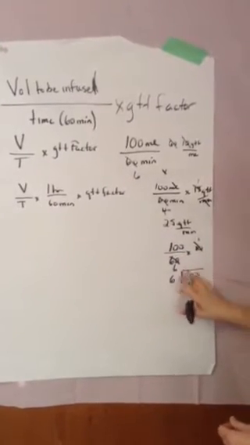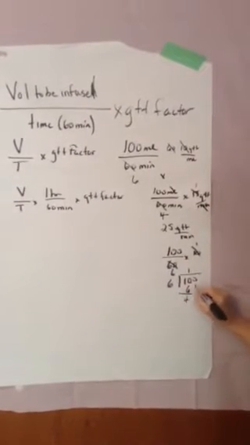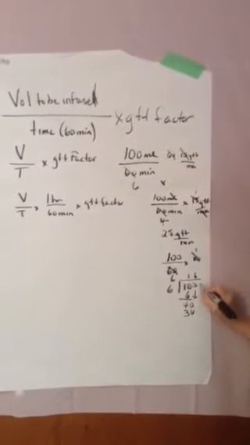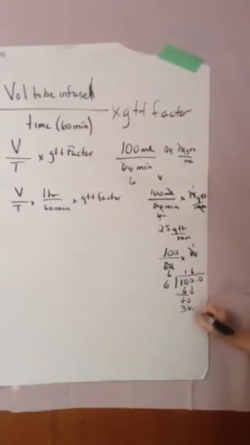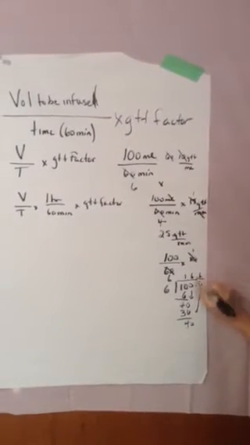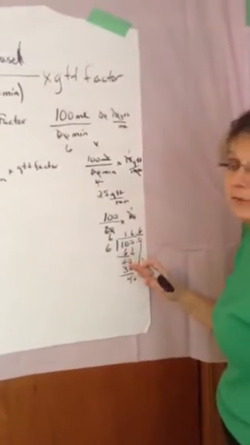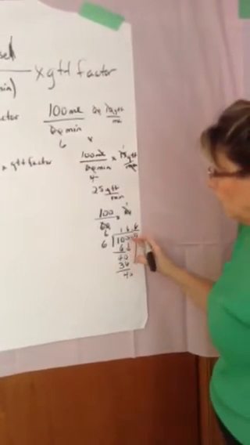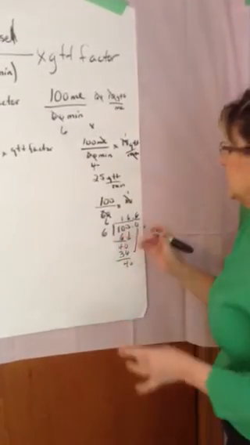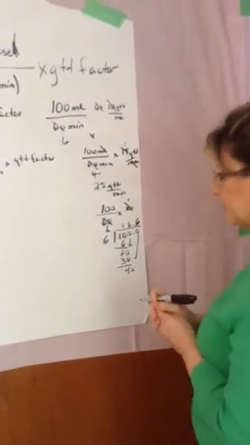So I put the 100 divided by 6, and we are going to get, I'm going to put a decimal there, and it's going to go on and on. So this one, we would round up to probably 17 drops per minute, or because it's gravity fed, we're going to be doing 16 to 17 drops per minute. It's easier to count 16.